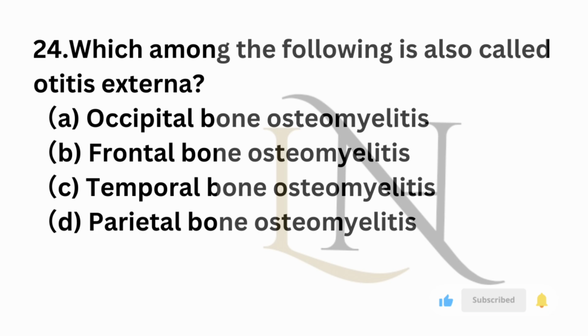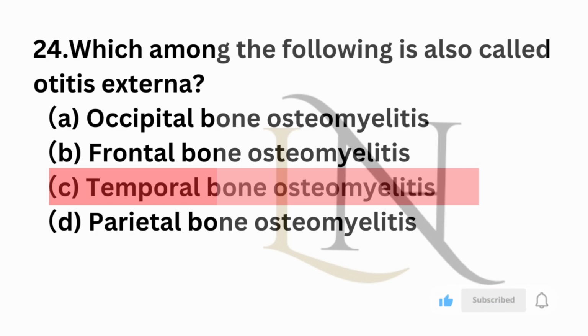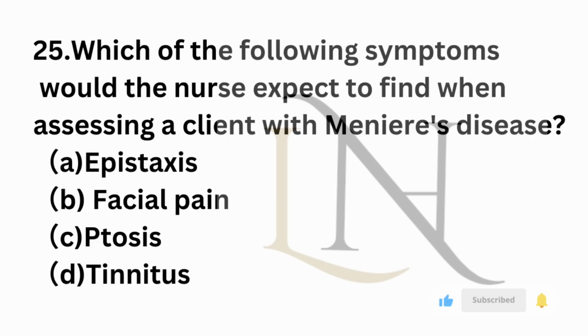Next question. Which among the following is also called otitis externa? Option A, occipital bone osteomyelitis. Option B, frontal bone osteomyelitis. Option C, temporal bone osteomyelitis. Option D, parietal bone osteomyelitis. Correct answer: option C, temporal bone osteomyelitis. Next question.